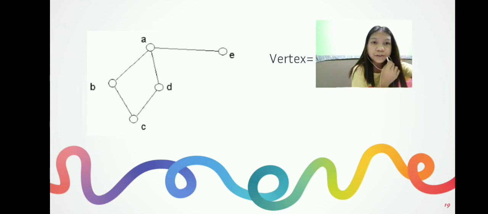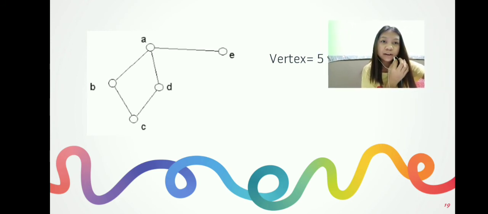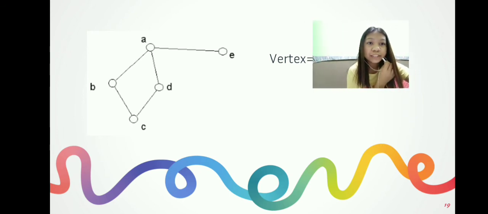As you can see in the graph on the left side, it has vertex A to vertex B to vertex C to vertex D, then to vertex A again, and to vertex E. We're going to count all the vertices in the graph.